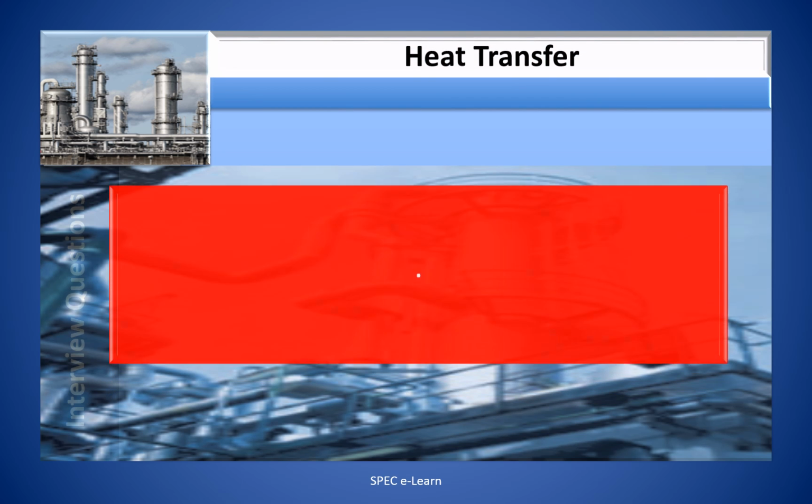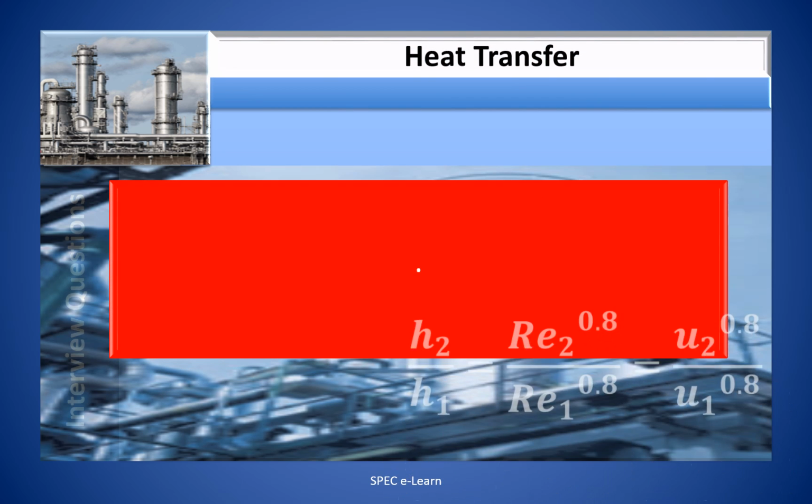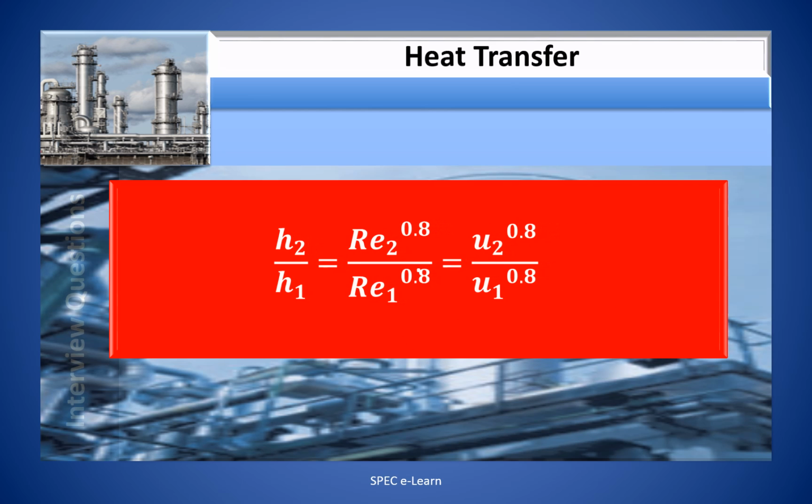The ratio of the new heat transfer coefficient to the old heat transfer coefficient equals Re2 to the power 0.8 divided by Re1 to the power 0.8, which equals U2 to the power 0.8 divided by U1 to the power 0.8.